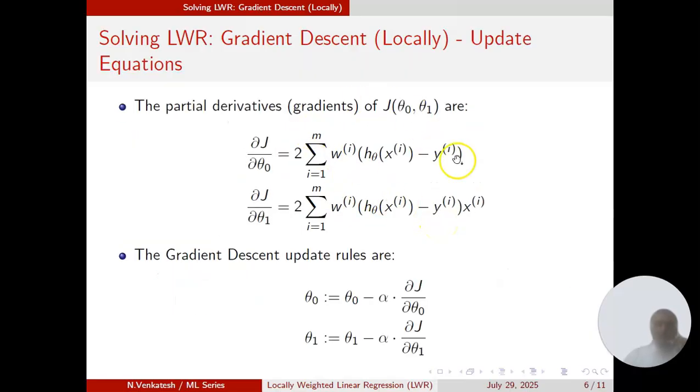So that is minus dou j by dou theta naught, and similarly minus dou j by dou theta 1, and how much that has to be altered is based on the learning rate, that is alpha.